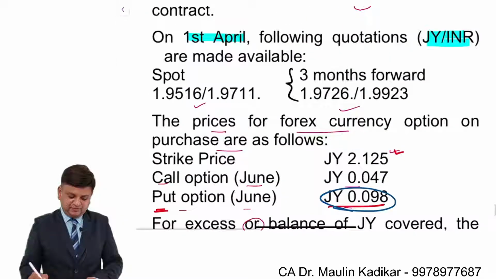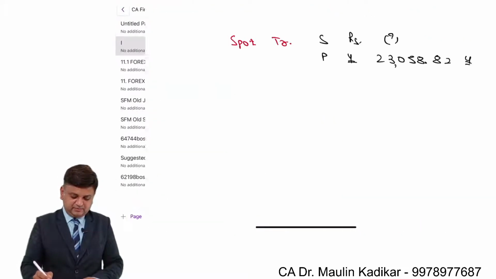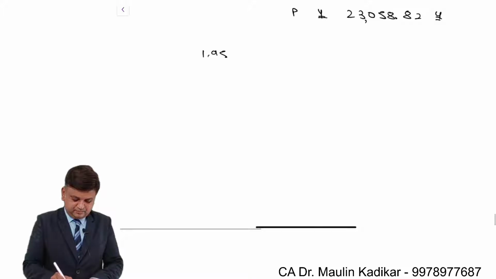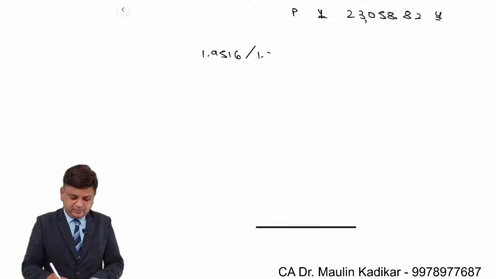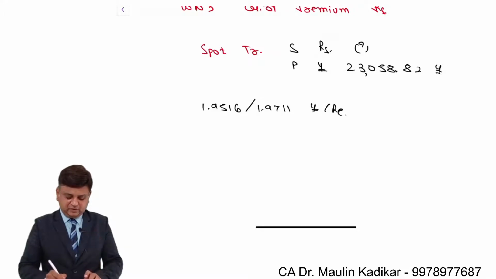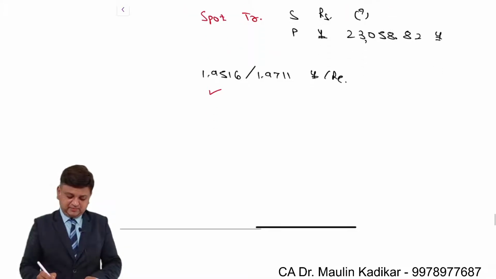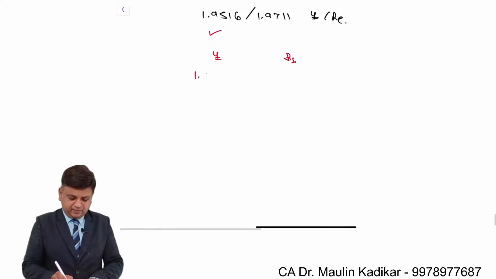We have been provided with the information, this is the spot exchange rate: 1.9516 / 1.9711, it is yen per rupee. Okay. So sell of rupees and purchase of yen. So for every 1 rupee, you will get less amount of yen. So here yen and rupees: 1.9516 yen is equal to 1 rupee.